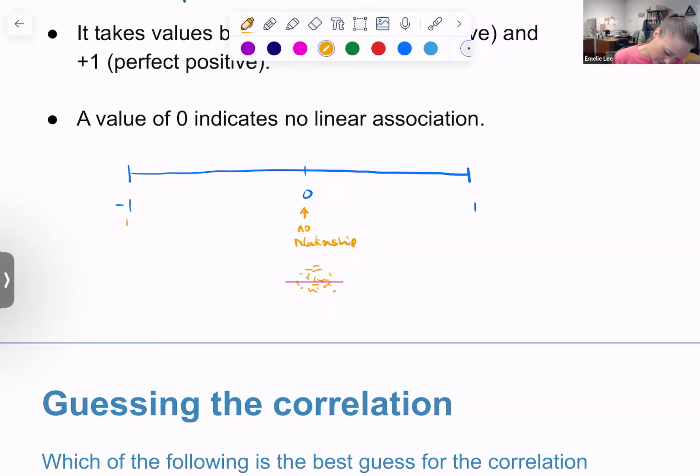Whereas if here we have a negative relationship, and it's a perfect negative relationship. And so here, this is a perfect negative relationship. It has to be linear, right? And so what would that look like? It would look like this.